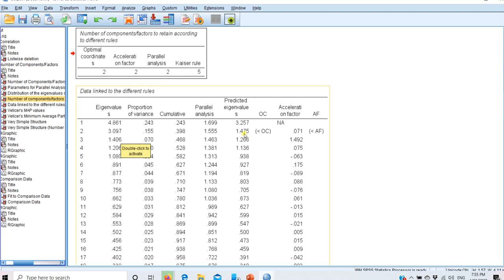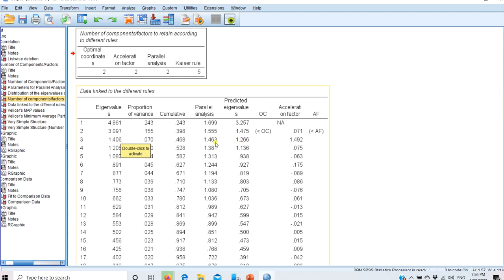So 1.475 is lower than 3, or in other words the actual eigenvalue is higher than 1.475. 1.266, so this is again higher, so the actual value is higher than the predicted value. So if you go with this criterion, then you will say that we should retain 3 factors.